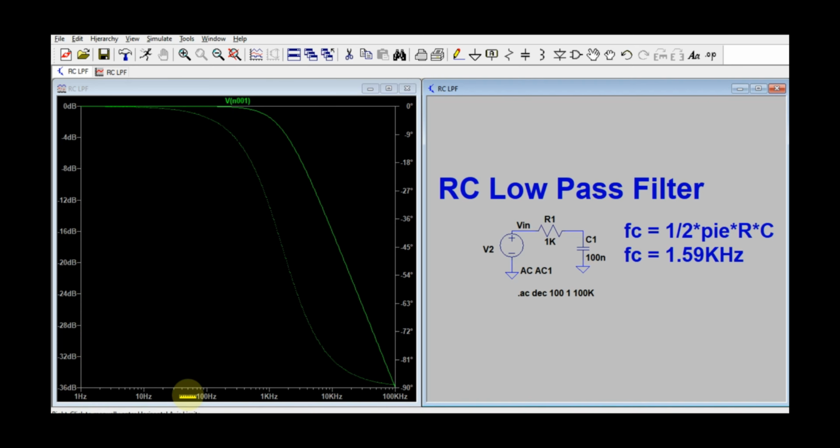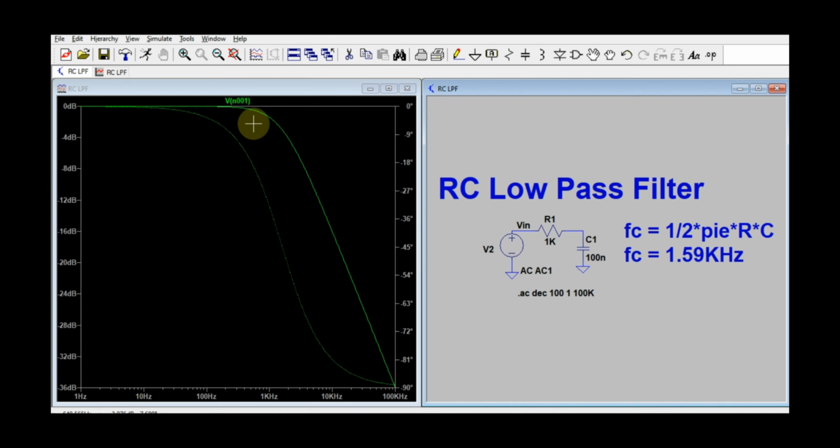You may use 0 hertz to 100 kilohertz. This is the plot between output and frequency, and this is the plot between phase and frequency. Okay, so this bold line is the plot for magnitude, and this dotted line is the plot for phase.